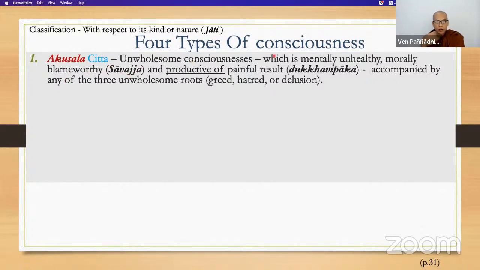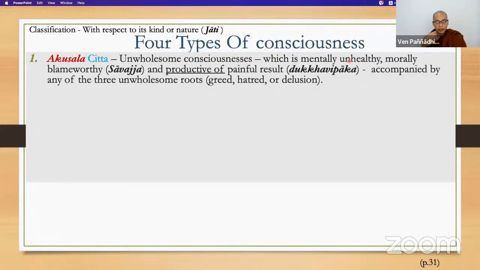Vajja is the blameworthy, the offense or something. So a kind of consciousness, when it arises, is mentally unhealthy because it comes with the mental defilements. The Buddha gives the example: the metal of gold with its defilements is impure and not as strong as pure gold.